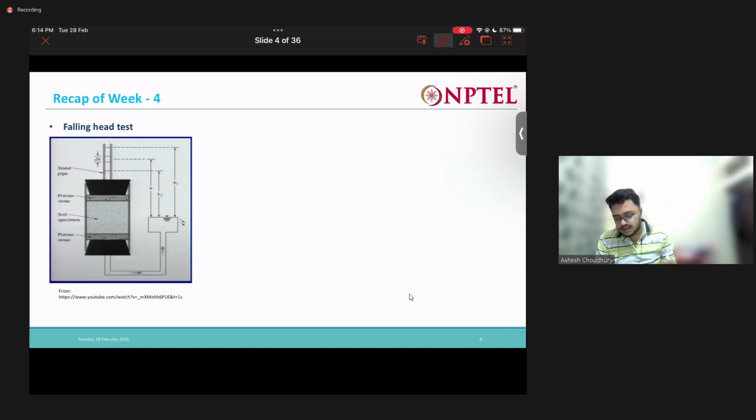So here, see, this is my soil kept between two porous stones. Water is entering through here and exiting through here. So my head will be reducing continuously because there is no constant flow. What we need to measure is the time t1 at which my head was initially h1, and then at time t2 my head is h2, right?